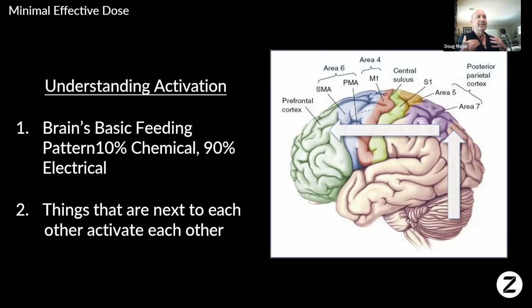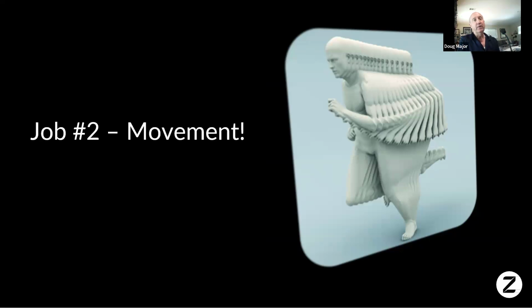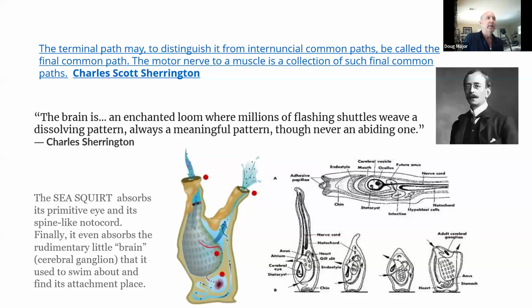Remember, it's just 10% chemical, 90% electrical, and these things are all interconnected, and what wires together fires together. And the end result, of course, is the movement. As Sherrington said, that final common pathway is movement.